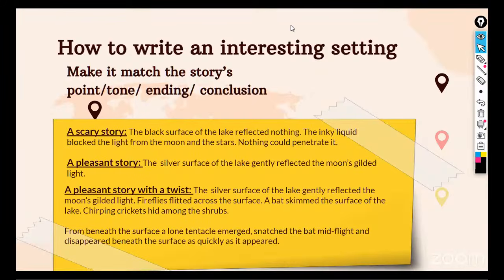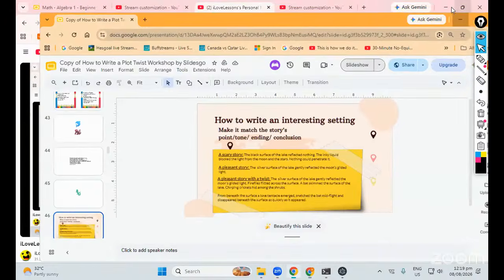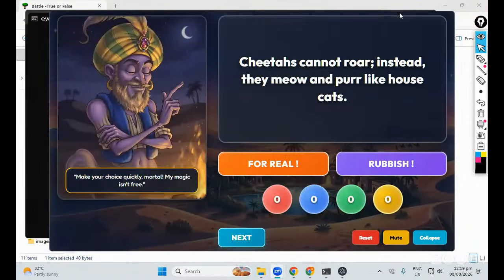I think still has a game first. Have you played this game with Sir before? Yes, some of y'all have.